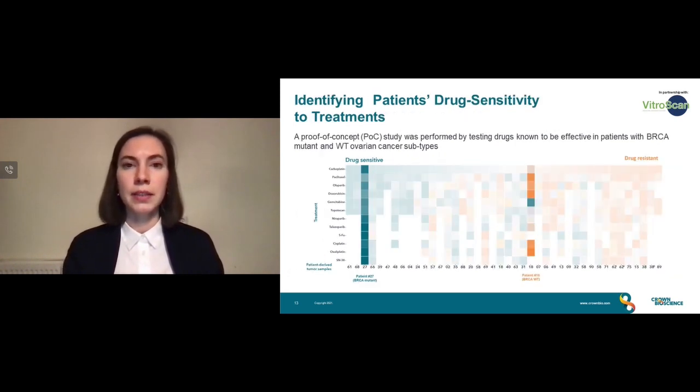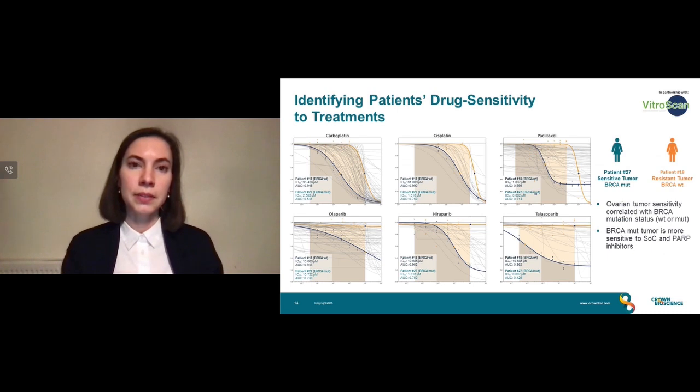Now, in the proof of concept study, we took two different samples from this population, one that was sensitive to most of the treatments and another one that was resistant to most of the treatments, and we analyzed their genetic background. It turned out that the patient tumor that was sensitive to PARP inhibitors and to platinum drugs, presented here in blue, was a BRCA mutant tumor, and it was sensitive to these treatments, as you would expect for the patient tumor to be sensitive in the clinic.